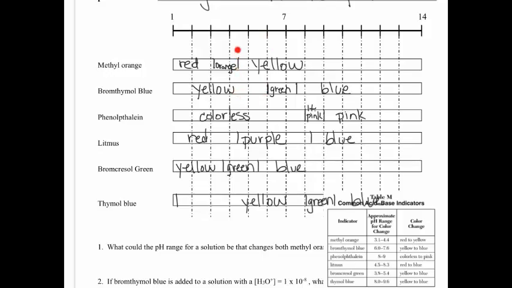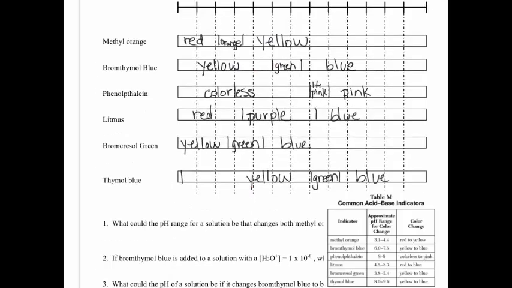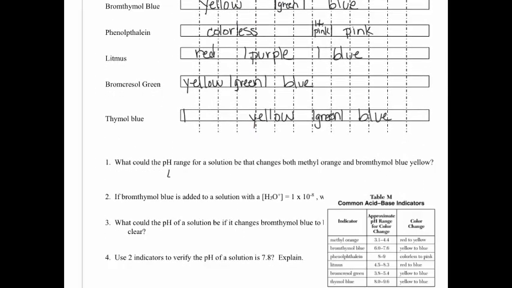So it's got to be somewhere between about 5.4 and 6. So that kind of blocks it in. Oh, is that not 5.4? It is 4.4, sorry, 4.4 and 6. Kind of blocks it in a little bit there. So we're going to put 4.4 to 6.